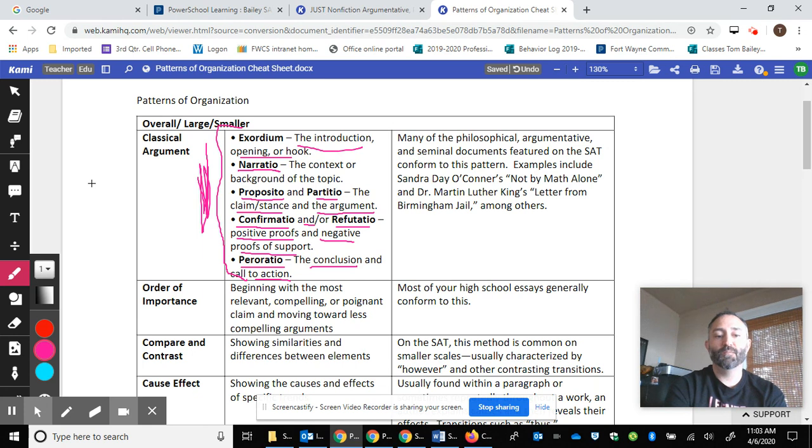Nonetheless, being exposed to good examples of the classical argument and to some of these historical and argumentative documents from the past that followed this is going to make you a better reader and give you a greater context in which the scholarly events have taken place, historical events have taken place, the ideas of different time periods, to get an idea of what the human condition was like and what people were struggling with. So, studying the classical argument and examples of it is going to be beneficial for you as a learner in general, and not just in being able to pass or get a good score on the SAT.